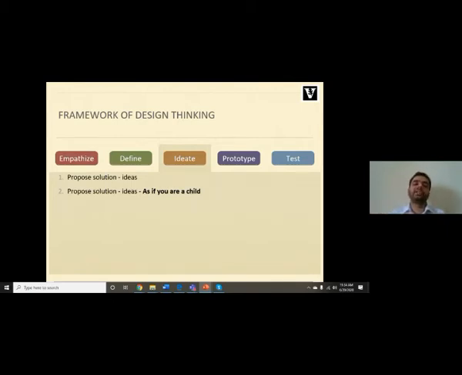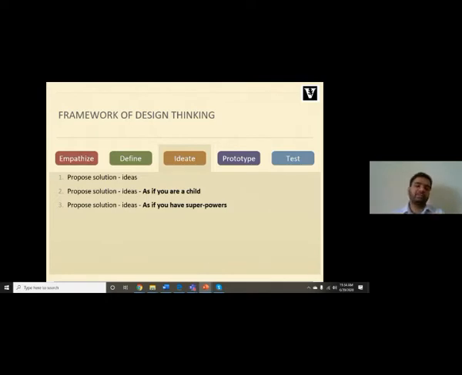Now let's open more gates to more perspectives. Suppose I give you this constraint: think about the idea as if you have superpowers. You are a Superman or some superhero. Maybe you can fly, maybe you can burn things using your eyes, you can transfer temperature from one place to another. You may have different superpowers.